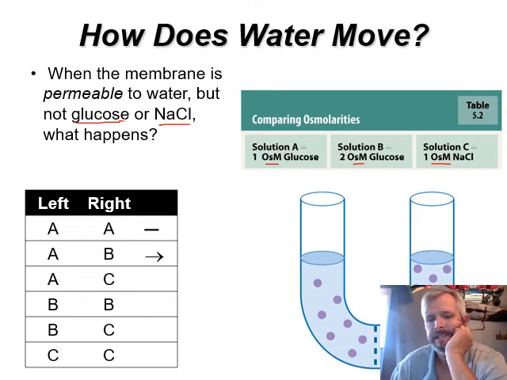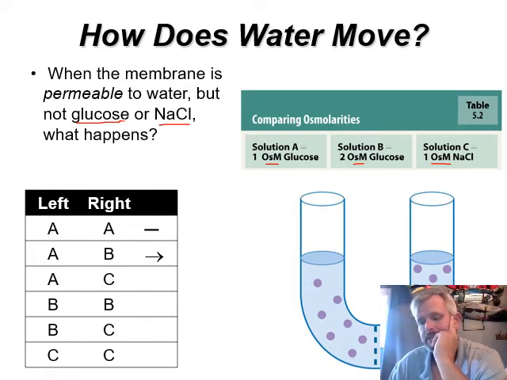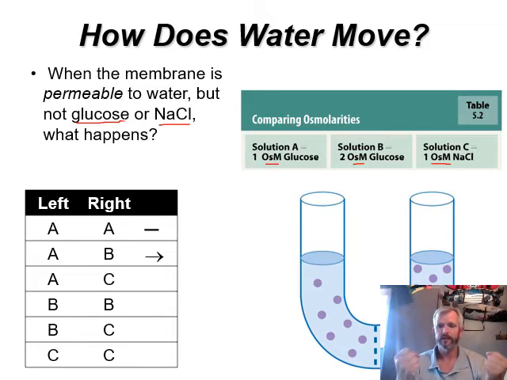How about A to C? Remember, both of these are non-penetrating, NaCl and glucose. Now let's compare the osmolarities of the non-penetrating solutes. 1 to 1. It doesn't matter that they're different solutes, it has to do with the osmolarity. 1 osmolarity to 1 osmolarity, and they're both non-penetrating. So neither of those solutes are going to move across.